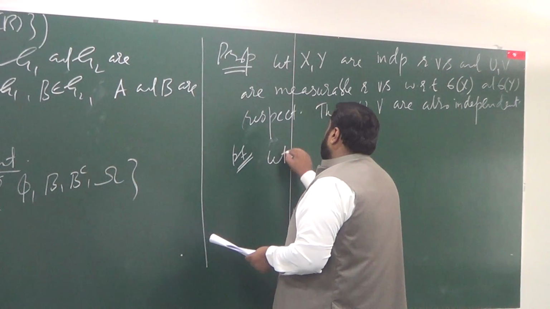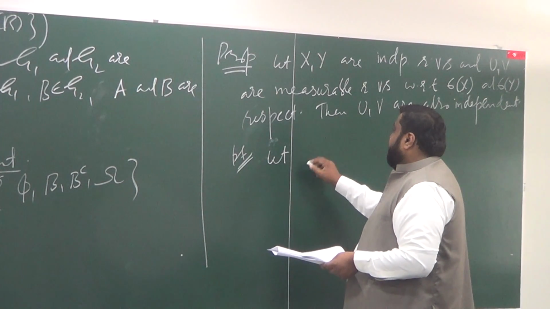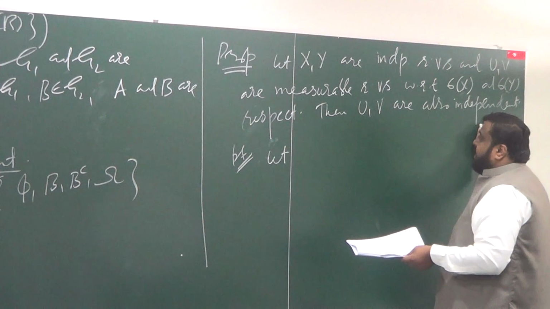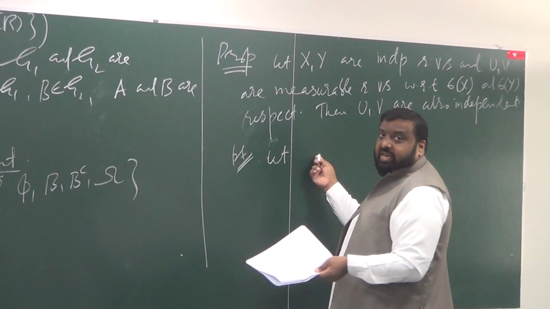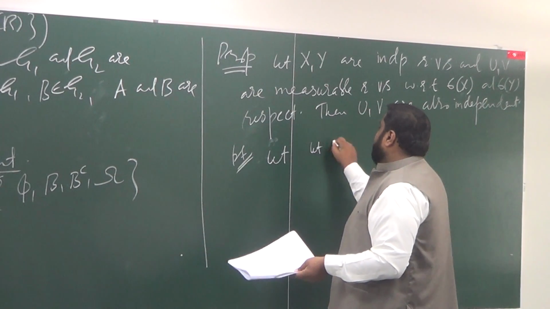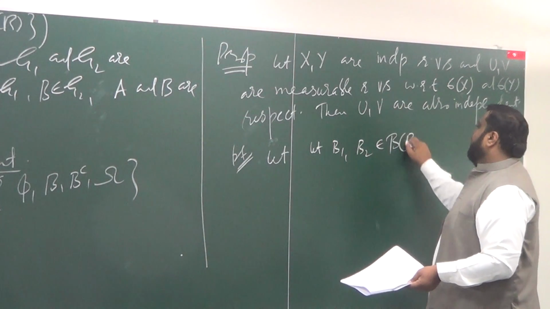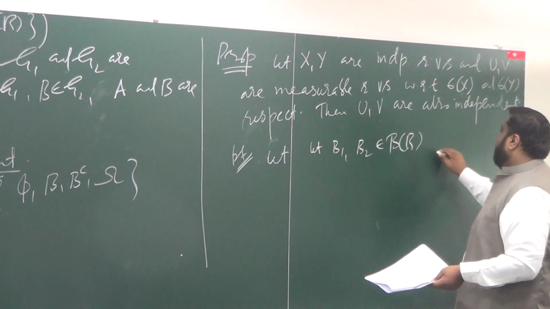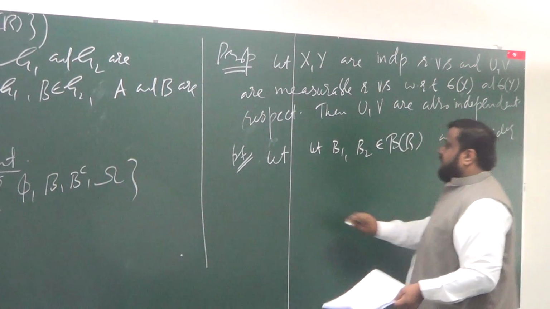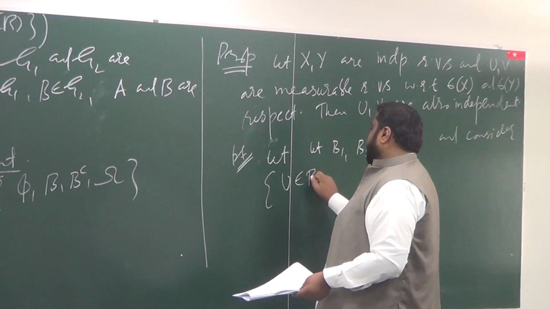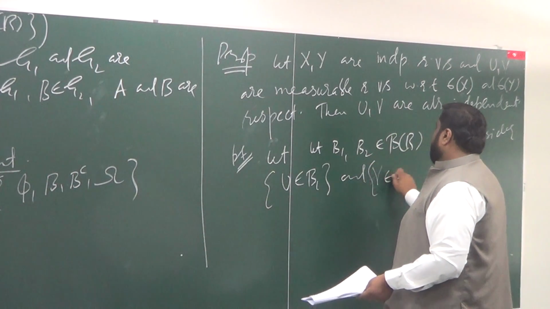So in order to show that u and v are independent, after reviewing this definition, you have to take two arbitrary Borel sets. Let B1 and B2 be two Borel sets, and consider the sets {u is in B1} and {v is in B2}.